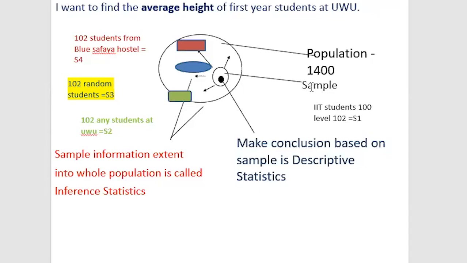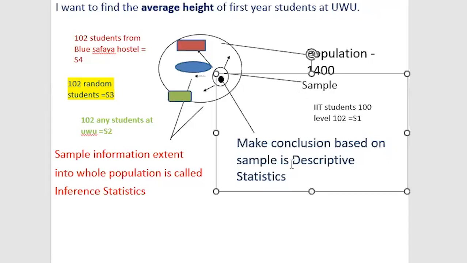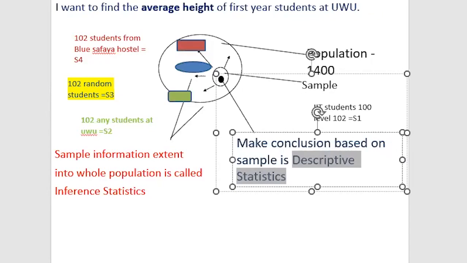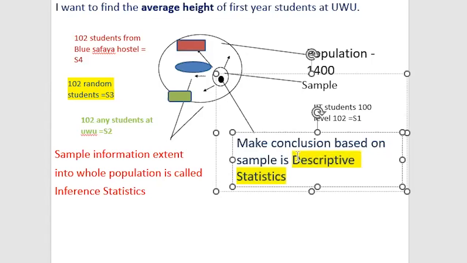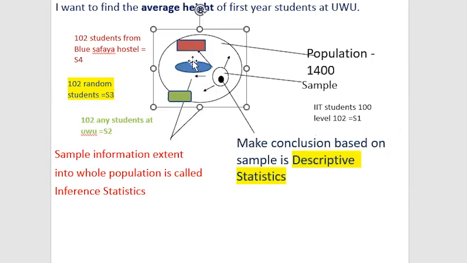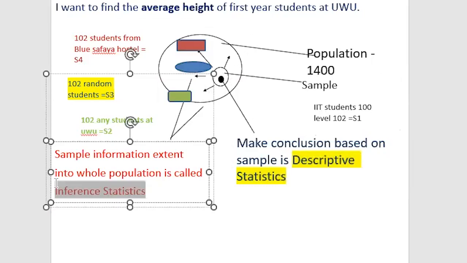Then, if you are getting the decision based on this sample information, we call it descriptive statistics. Then, when you generalize this sample information to the population, that is called inferential statistics. That's the difference.